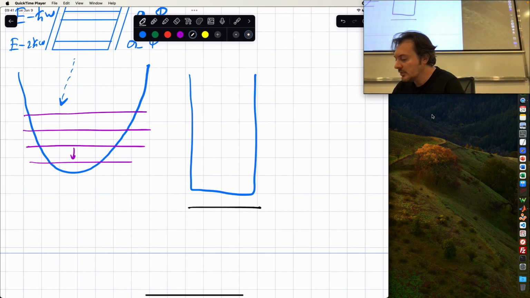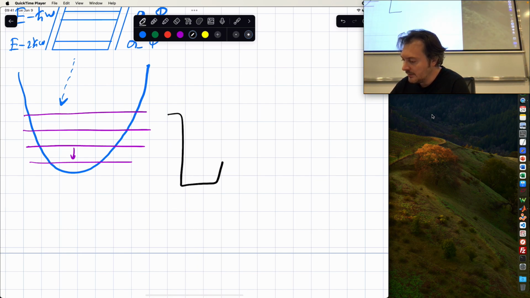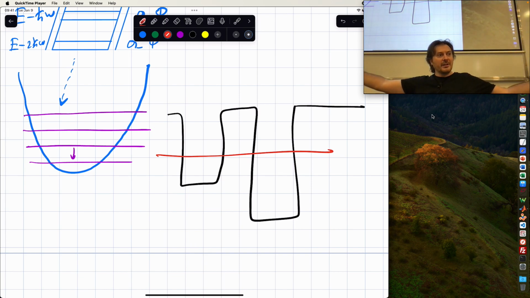You can be temporarily there in the case when, let's say, you have a well here and a barrier and a well here. This energy is possible because it's still above the bottom of the whole thing.